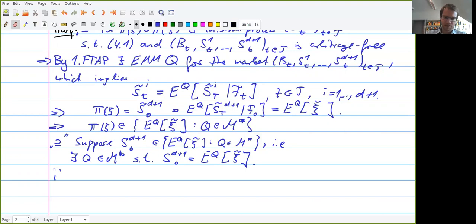So for this purpose, let us define the following process, D^{d+1} at time t. Right, so how do we want to define it? Well, we know what the value at time 0 and at time t should be. We want to have an adapted process. Well, this is always ensured by taking the conditional expectation. And we want that it's non-negative.